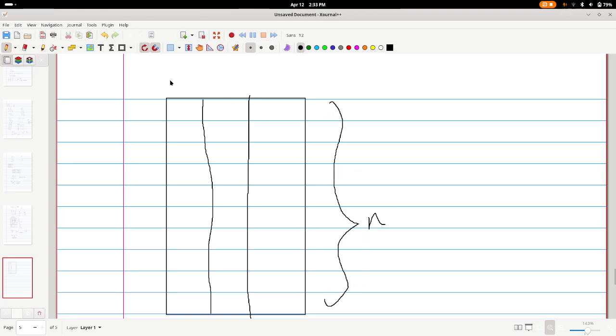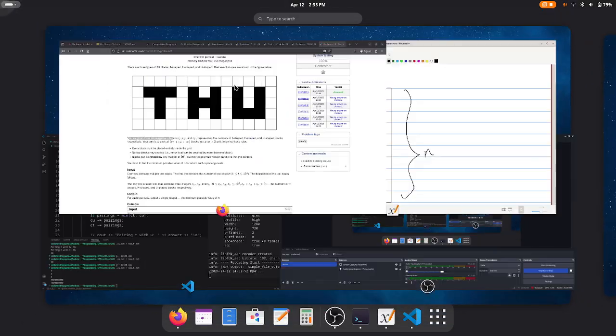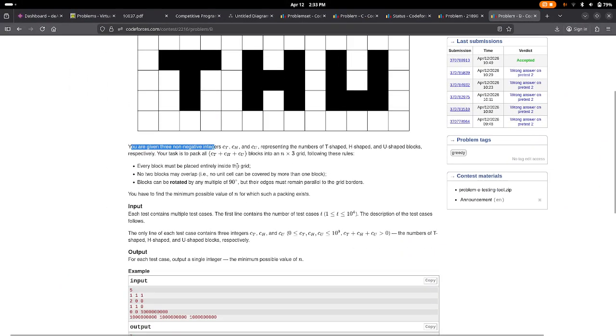The grid somewhat looks like this, so this is n and this is 3. According to our observation, each and every shape requires exactly a 3 cross 3 grid. So you can place T like this, then you can place U like this, then you can place H like this. This is one of our observations.